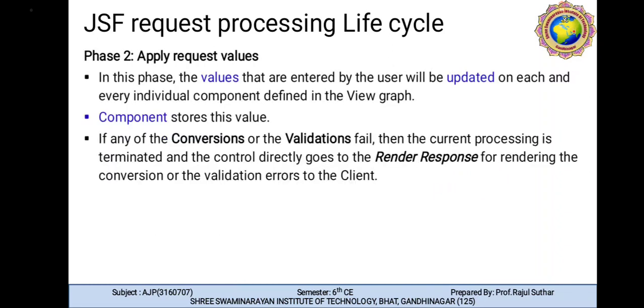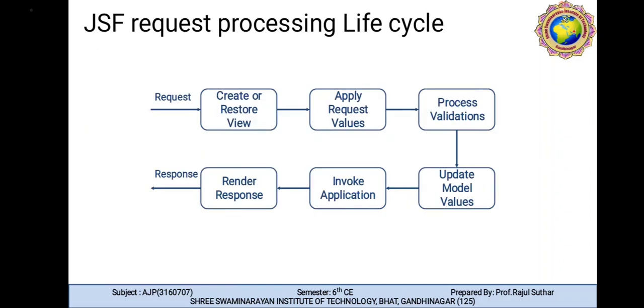Components store this value. If any conversion or validation fails, then the current processing is terminated, means it closes the process, and the control directly goes to render response for rendering the conversion or validation errors to the client.